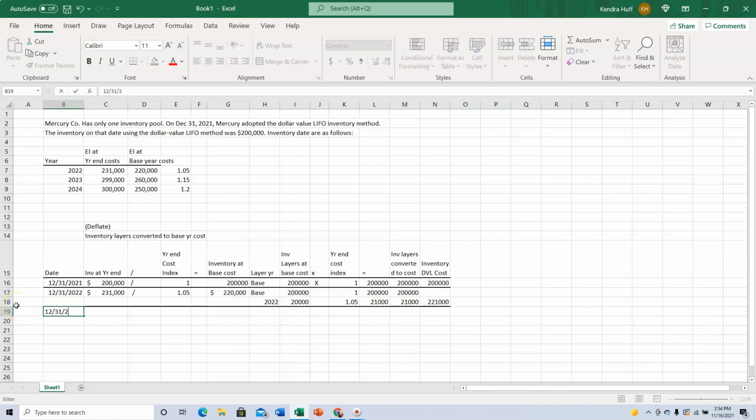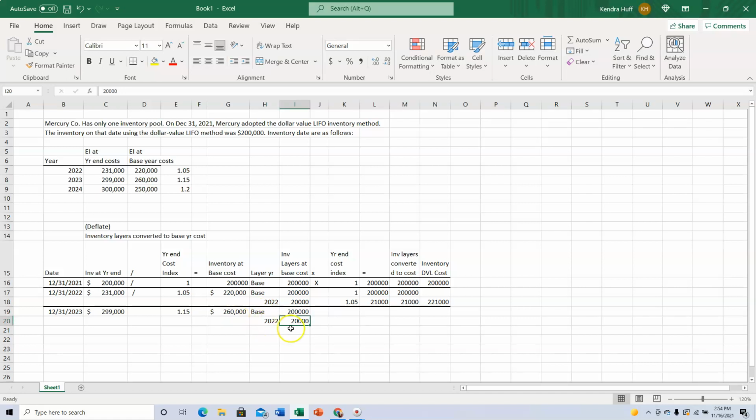Now we have 12/31, 2023. 2023 is 299. Our index is 1.15. So 299 divided by 1.15. Our base was 200, and in 2022 we added 20, so we had 220.